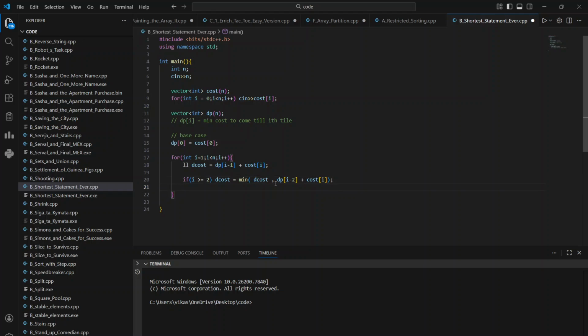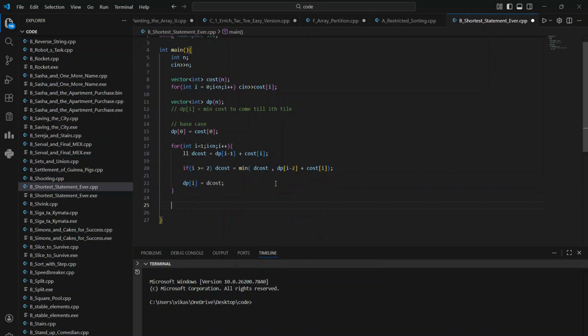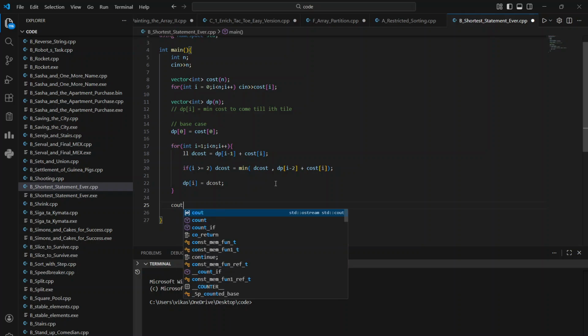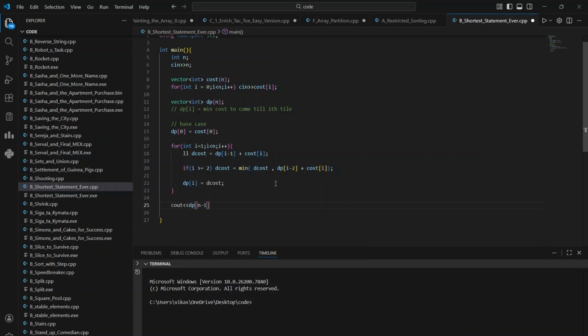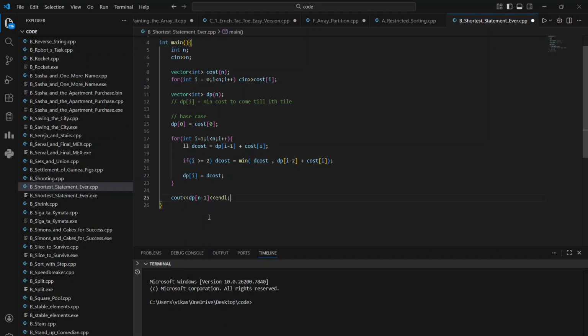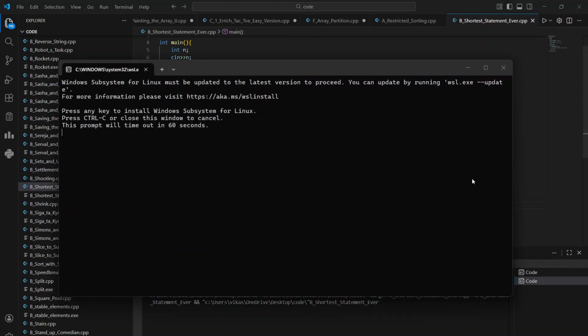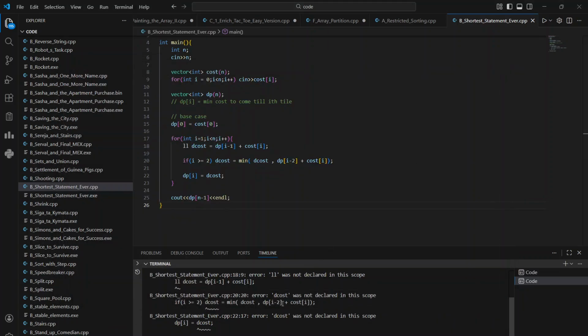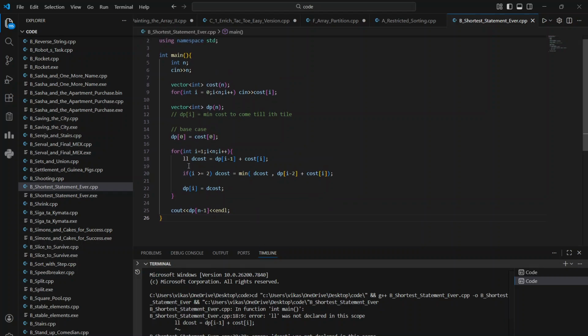So now the dp of i is going to be the d cost, and you have to give the answer to come to the n minus 1 tile, so the cost is this. That's it. Okay, I hope this is correct.